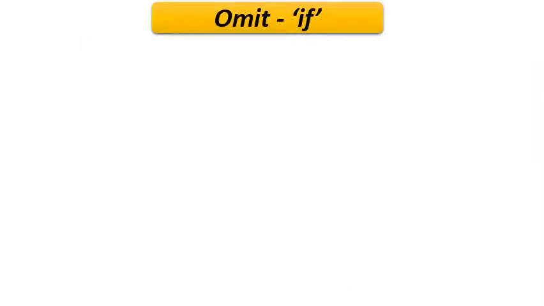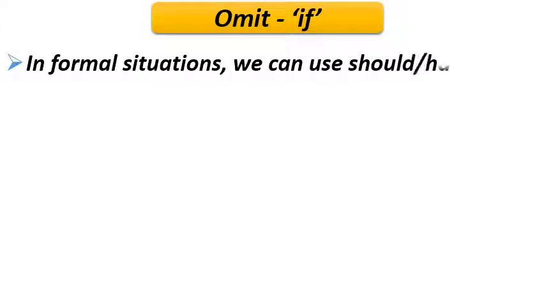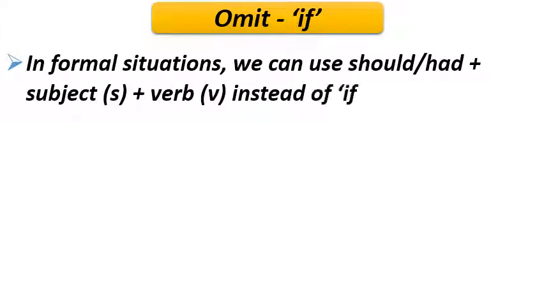Now take a look at how we can transform a sentence that expresses a condition by omitting the conjunction if. In formal situations, we can use should or had plus subject plus verb instead of if in conditional sentences.